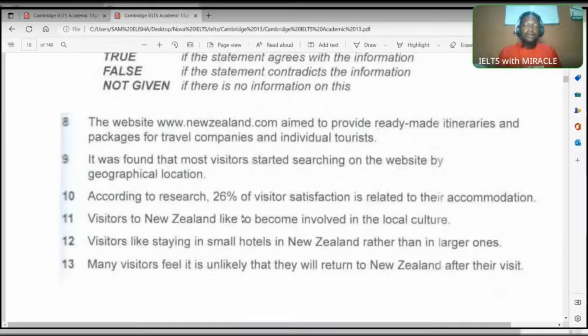Now, how about if the statement is not given? What do we mean? It means there is a keyword in the statement that you have not found, that is not in the passage. There is a keyword in the statement that cannot be found in the passage.